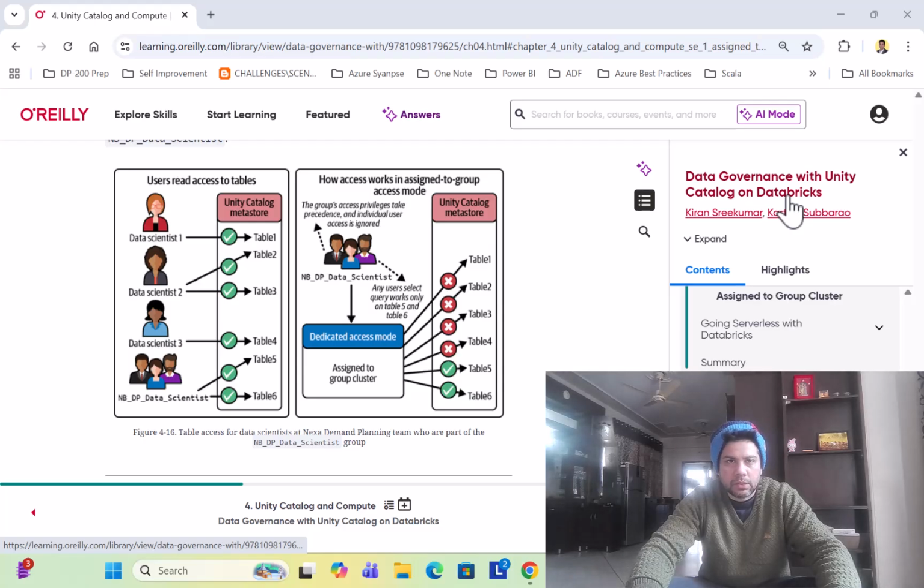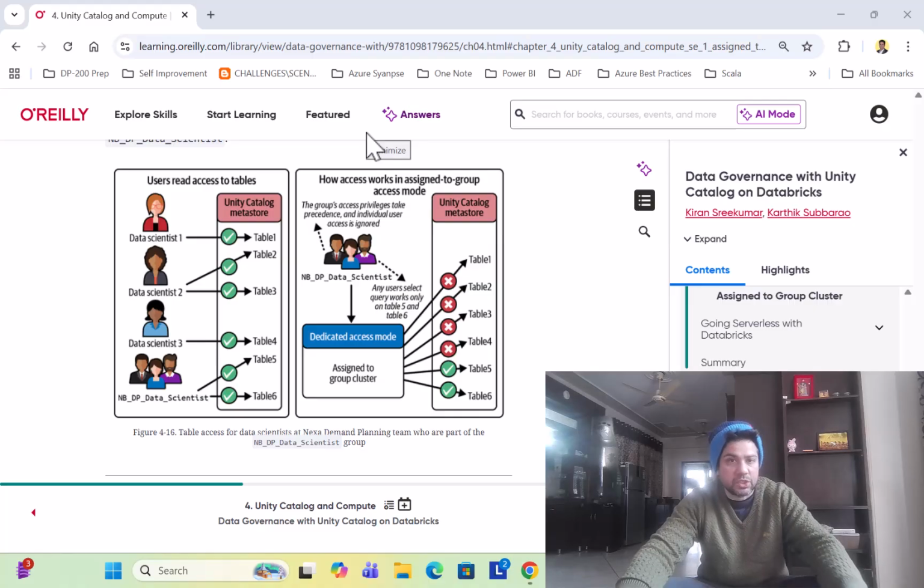And I strongly suggest if you are an architect or an engineer working with Databricks, especially with Unity Catalog, that you go through this book and take a deeper dive in each of the topics, sections, and subsections. It's not about how many books we can read. It's about what we can remember and apply to our day-to-day job whenever the time comes to take a decision. Having said that, let's dive into the dedicated compute.